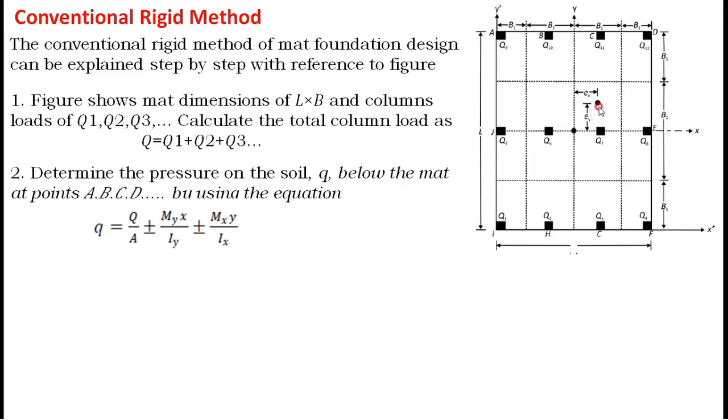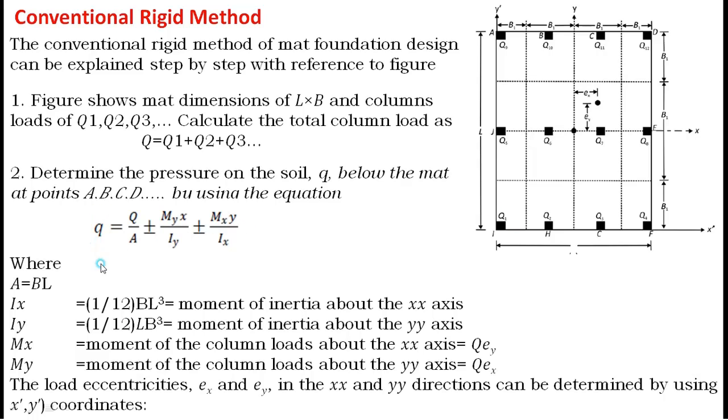Here, if the point load is acting at the center, meaning all the column loads are equal and it is a concentrated mat foundation, then these two terms will be 0. However, you will calculate the upward soil pressure, this q.